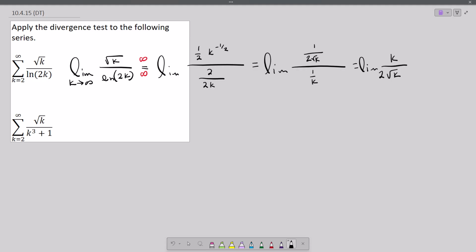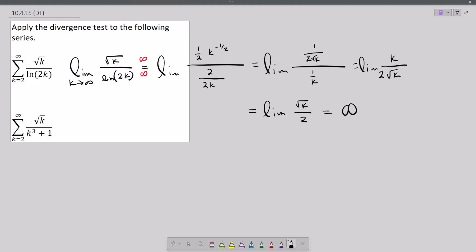And then we simplify. Root k goes into k root k times. So k is root k times root k. Or you can subtract the exponents, k to the 1 over k to the half is k to the half. And then what's that limit?